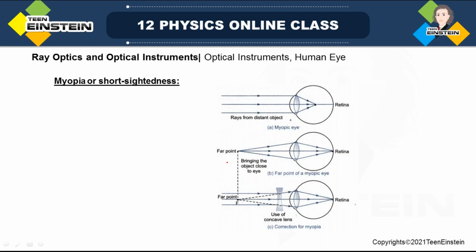So how to do that? These are the parallel rays, or the rays from distant, very far-off objects. They should come and fall on the eye. For this correction we use a concave lens, and what this concave lens does is create a virtual image of the far-off object at the near point of the myopic eye.